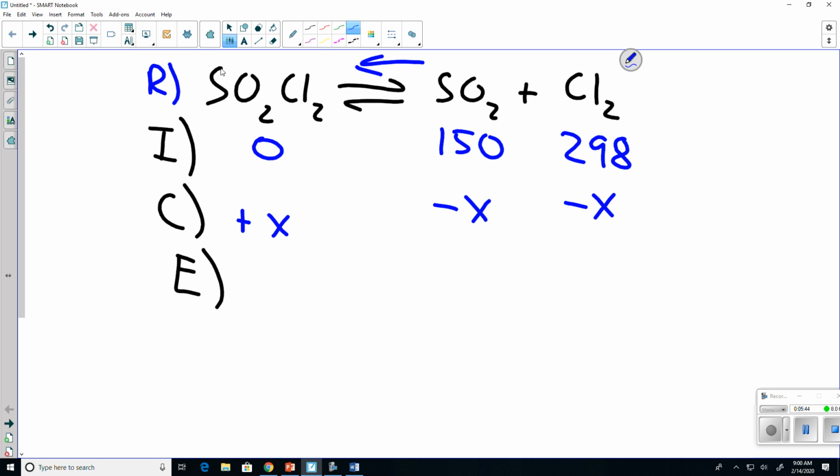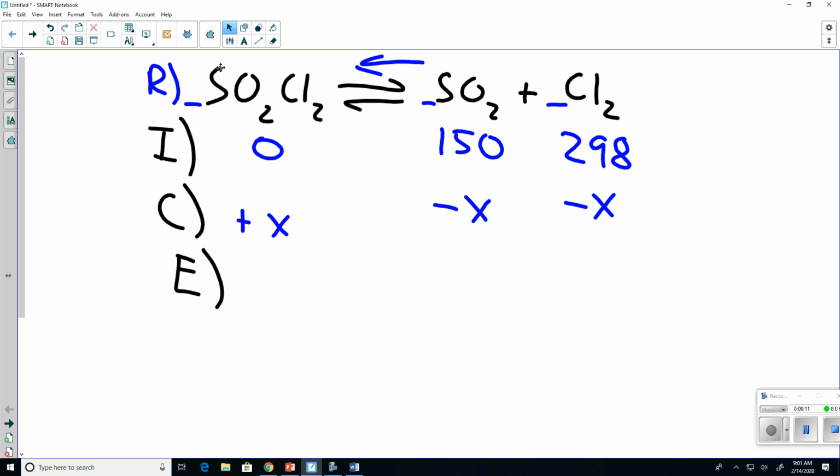What you would do is, when you're assigning an X, look at the coefficient in front of each thing. If there was a 2 in front of this, which, by the way, changed this formula, but if there was a 2 in front of one of these things, then you would put a 2x. And you'll see practice problems like this over the course of the next couple of class periods when we do this a little bit more. But if we don't know the change, that's how we can figure it out.